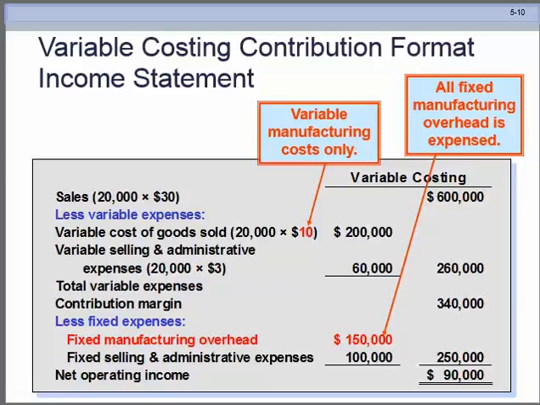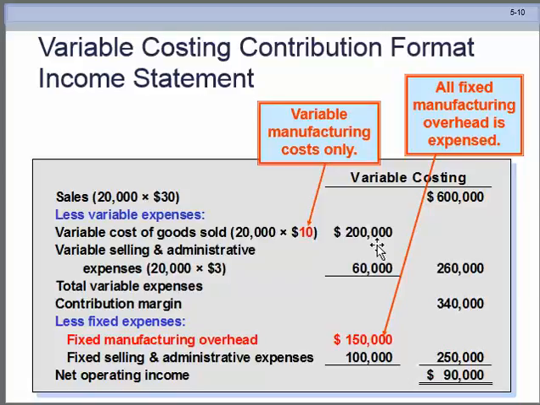All right, let's start with variable costing. So we're going to look at the red spots on this slide. We have sales of $600,000. We have variable cost of goods sold with the variable manufacturing costs only of $200,000. That's 20,000 units at $10 per unit.